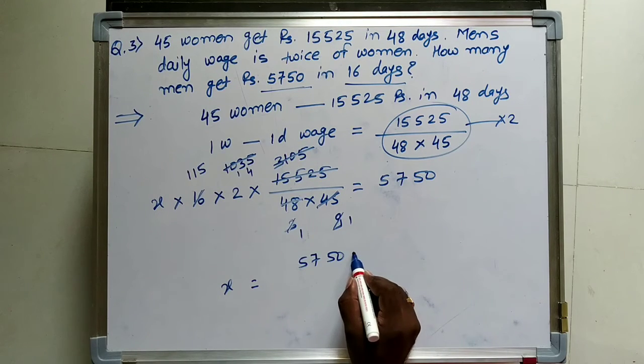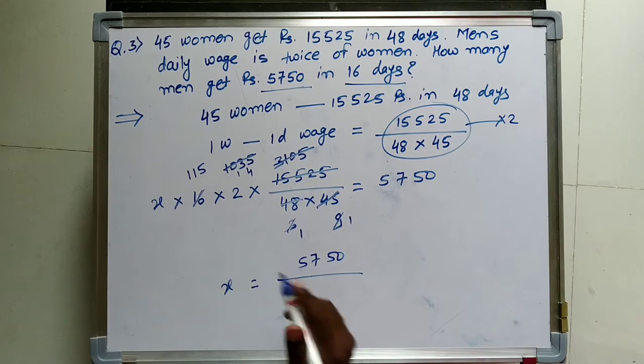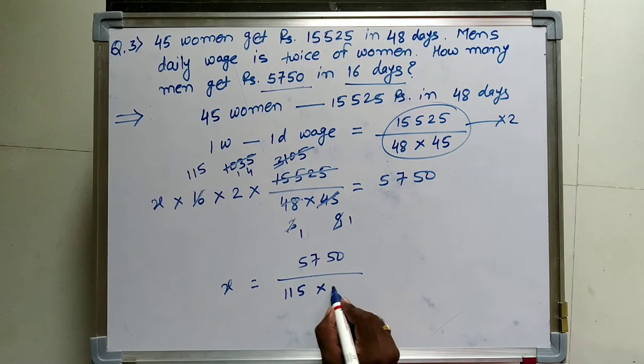X equals 5,750 divided by this 115 multiplied by 2.